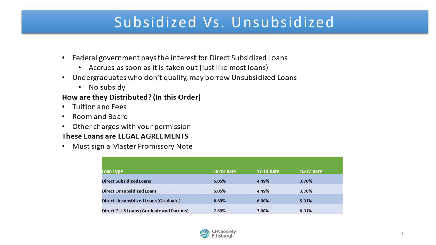Then it moves on to room and board. And it is important to note that both subsidized and unsubsidized loans are legal agreements, which means you must sign a master promissory note. Take a look at the bottom to figure out how your situation may apply to these different types of loans and their different interest rates.